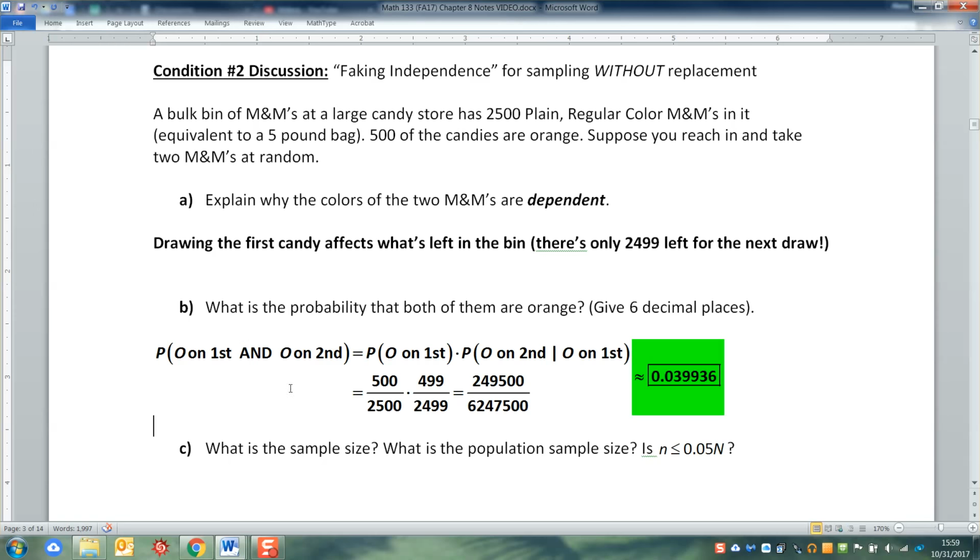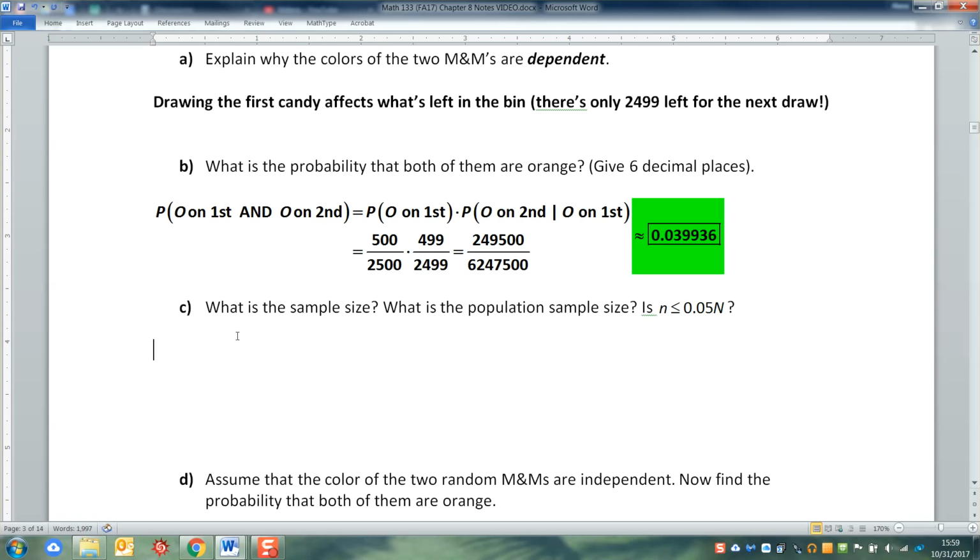All right. Now, what is the sample size and what was the population size? That is, what is little n, what is capital N, and how does little n compare to 0.05 capital N? The sample size is little n, which is 2. You're only taking 2 candies from this bin.